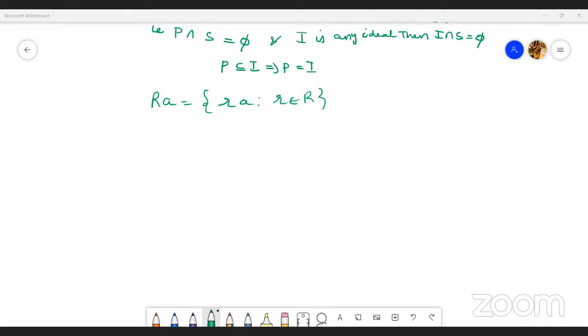So you have P is a subset of Q. Is this diagram correct? Let me draw it once again.